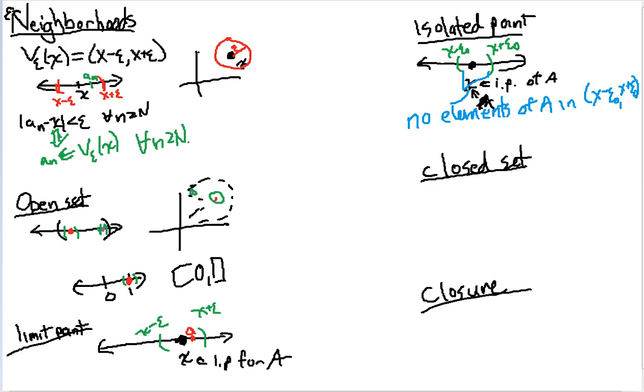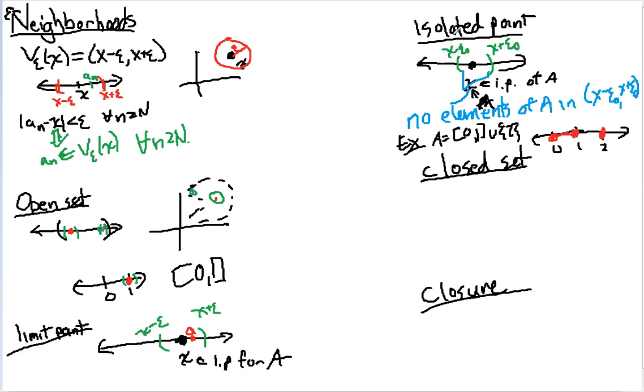So a standard example picture would be: let A be equal to the interval 0, 1, union just a single point 2. And then if I draw a number line, here's a picture of it, 0, 1, 2. And look, this 2 is far away from everything else.